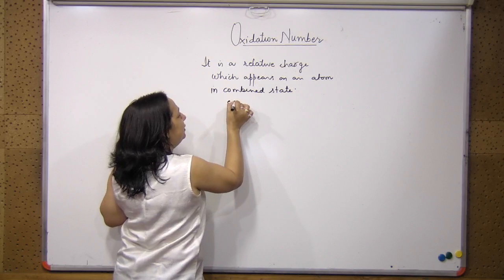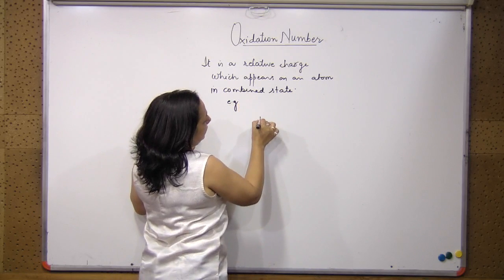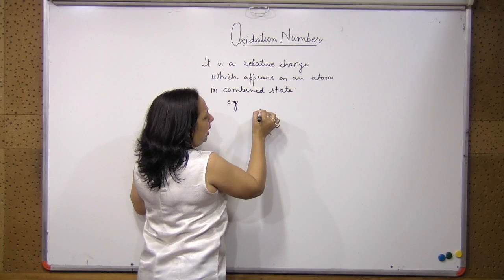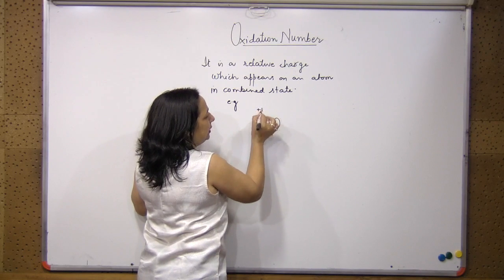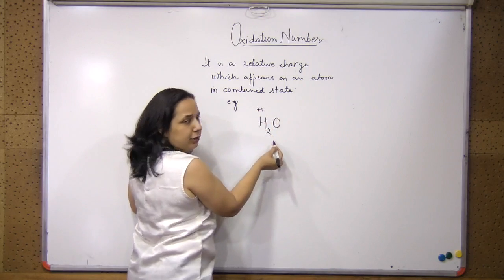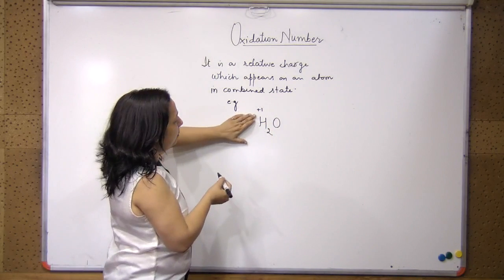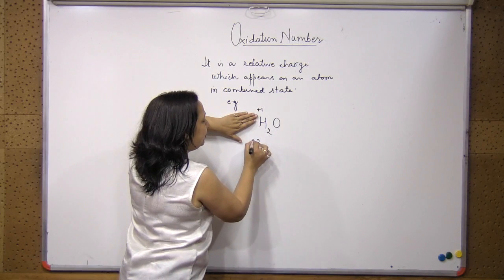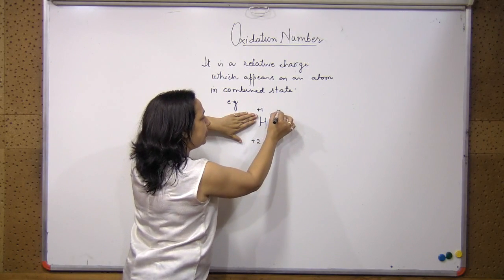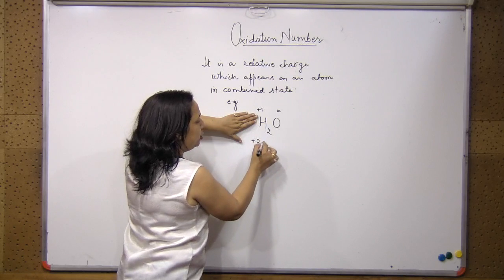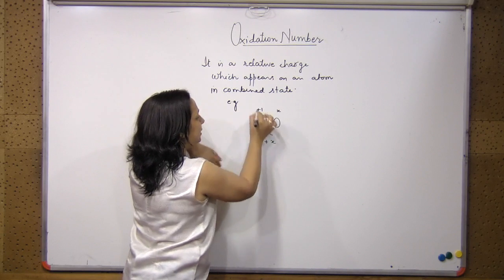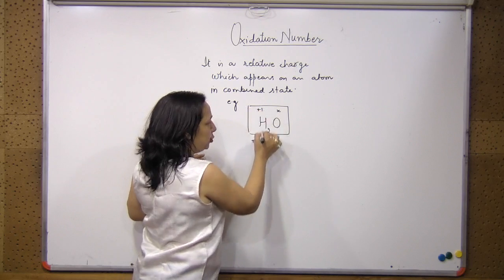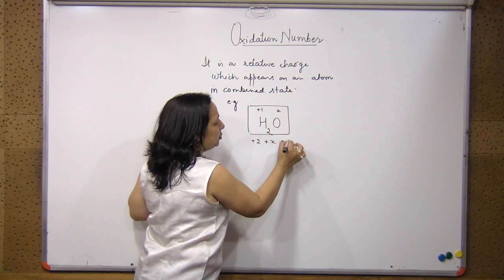For example, when we write H2O, hydrogen here is +1. If it is 2 hydrogen atoms, these are going to be +2 total charge, 2 positive. Oxygen, let us suppose, is X. The 2 positive plus X, and as this molecule is neutral, 2 plus X is equal to 0.